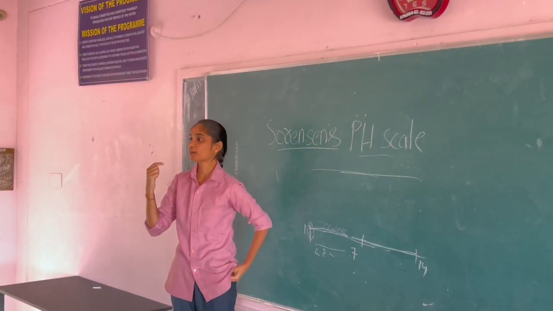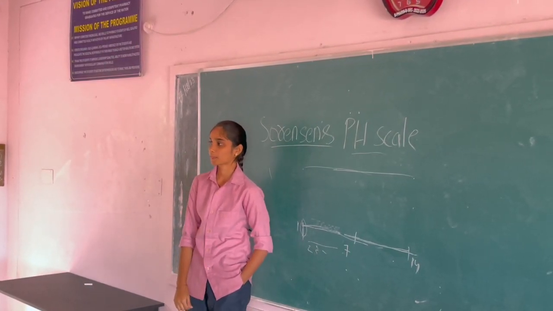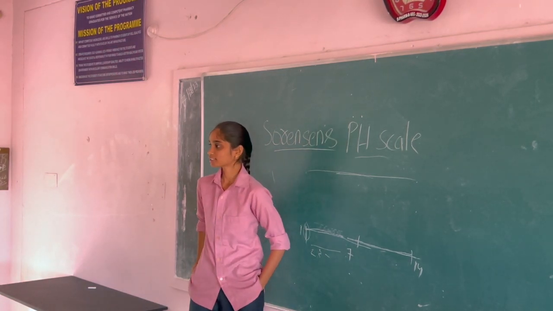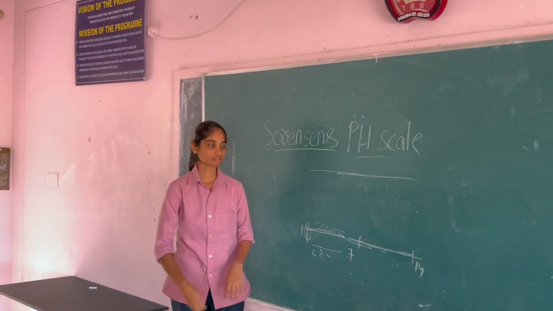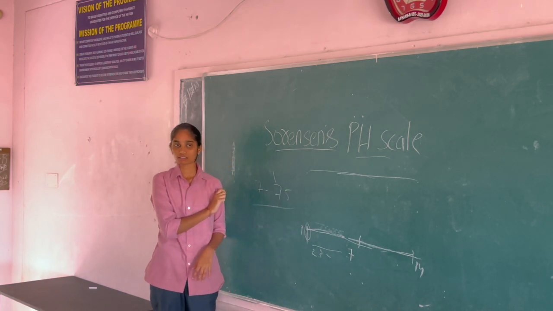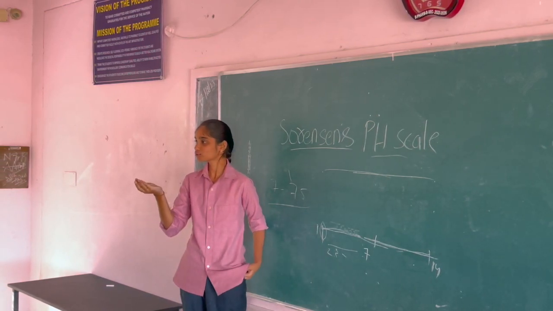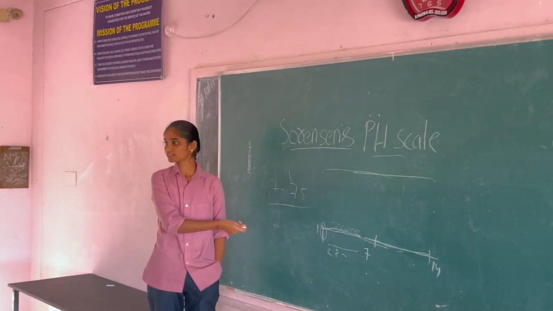For example, if I am going to formulate an eye drop, what is the pH of the eye? The pH of the eye is 7 to 7.5, slightly basic in nature. I think all of you know it.